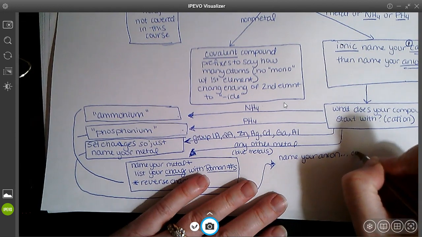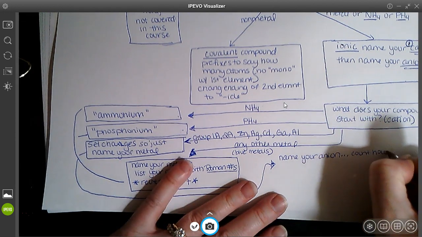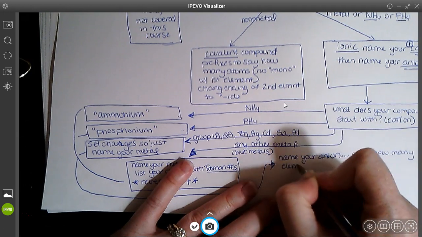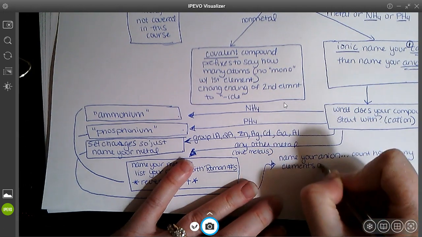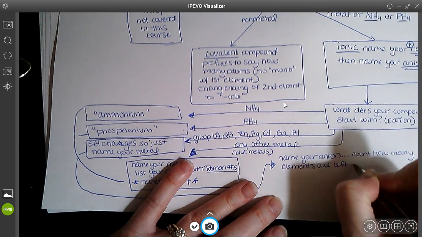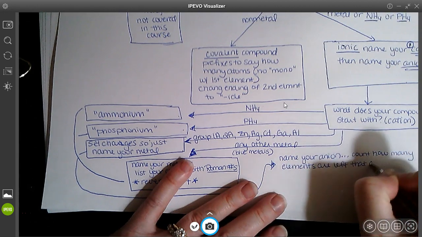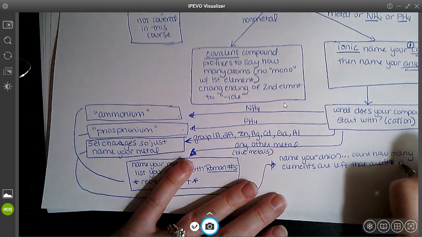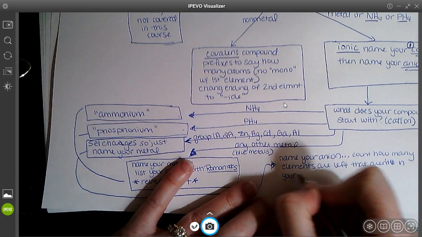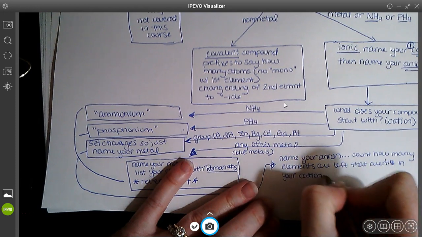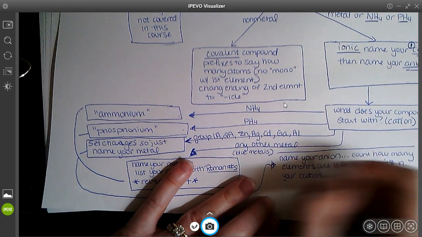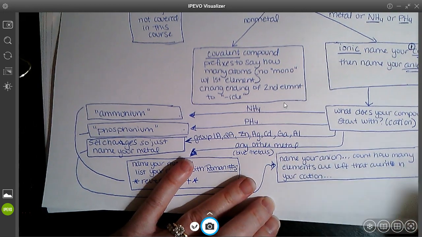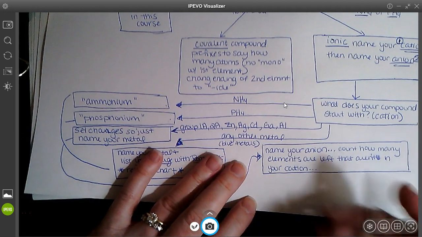So I want you to count how many elements are left that aren't in your cation. And you have two options. You either have one thing left or you have more than one element left.